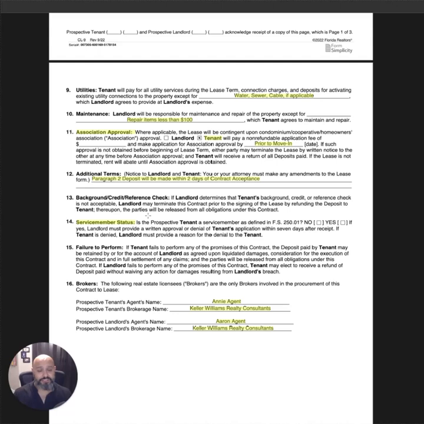Okay. That's really going to be a decision for you and the landlord and whatever is negotiated. But as a general rule of thumb, when I'm representing the tenant, I usually put in here repair items less than $100 will be paid by the tenant. Anything more is going to be paid by the landlord. So let's use an example of a light bulb goes out, or they lock themselves out of the house.